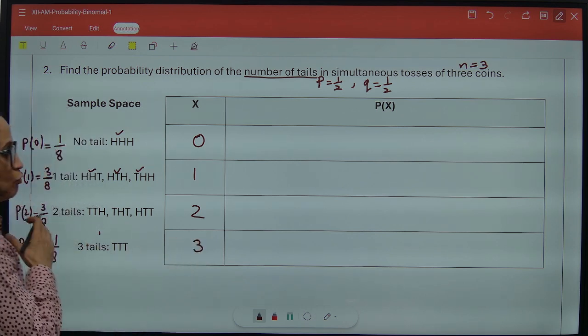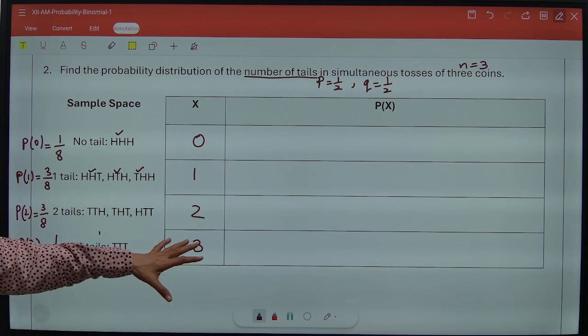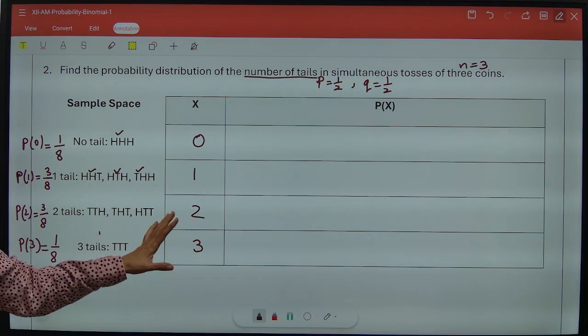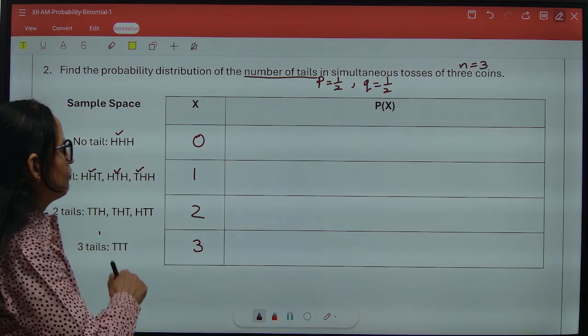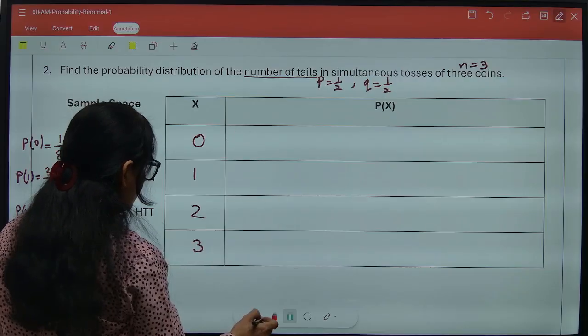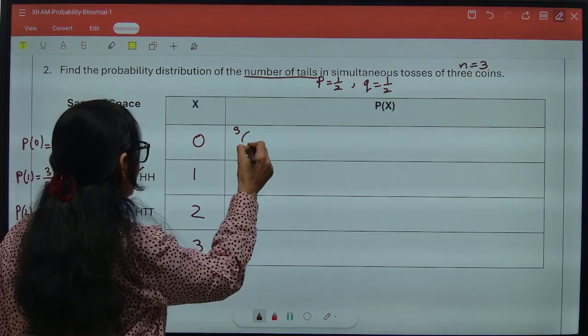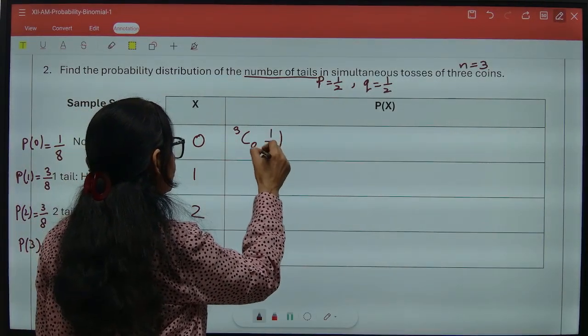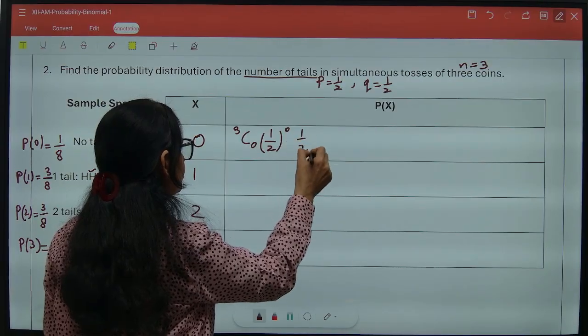So let's see how to do the same question using binomial distribution. You are going to get the same answer, so it is up to you what method you use based on the value of n. So how do we do it using binomial? It is going to be 3C0 because there are 3 coins, and 1 by 2 to the power 0, 1 by 2 to the power 3.